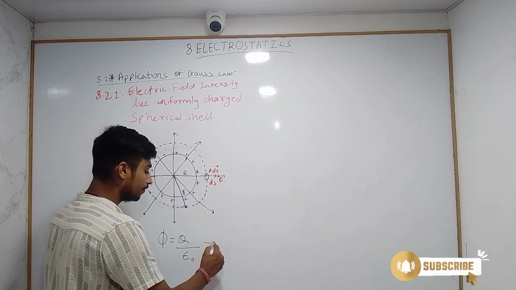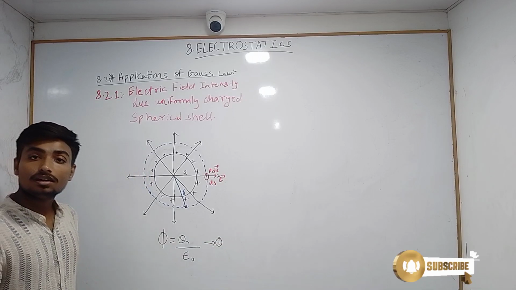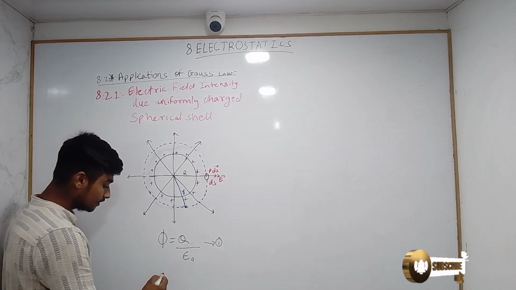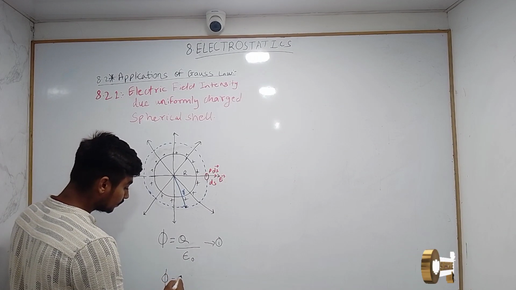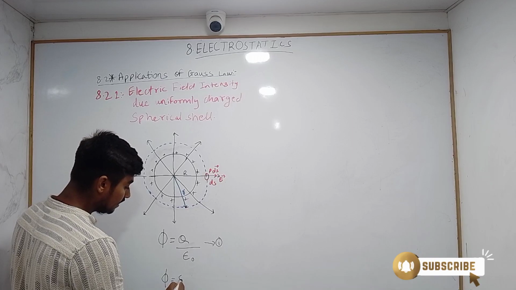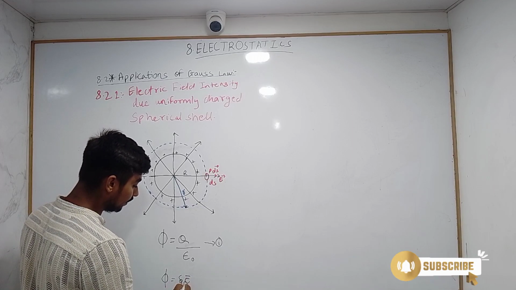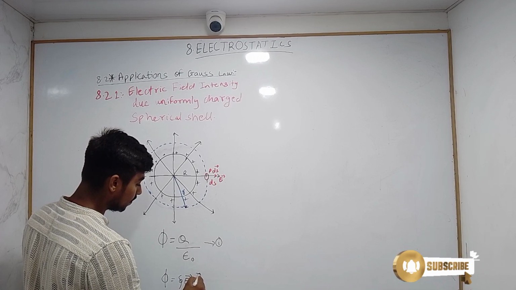Let it be equation number 1. The other part we studied for electric flux is total flux is equal to the integration over a closed surface of electric field dot area, that is E dot ds vector.